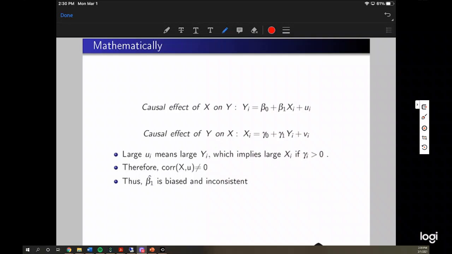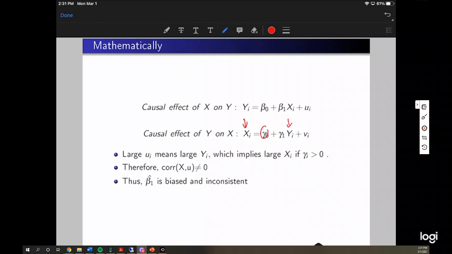Mathematically, we have the causal effect of x on y: yi equals beta 0 plus beta 1 xi plus ui. The causal effect of y on x, where xi is equal to, these are called gammas, gamma 0 plus gamma 1 yi. So now we have y on the right-hand side and x on the left-hand side. How does this work?